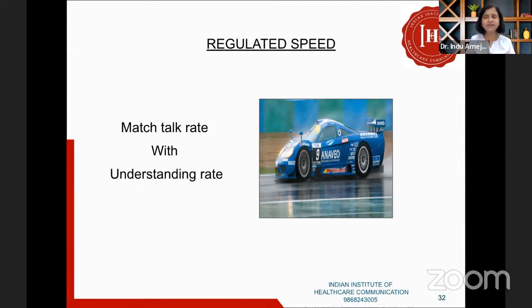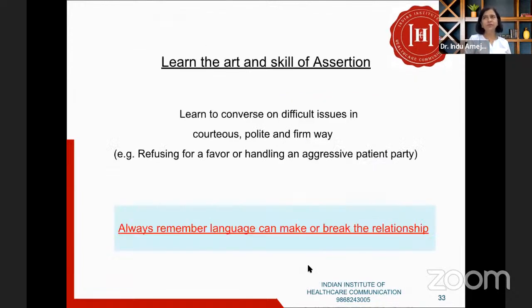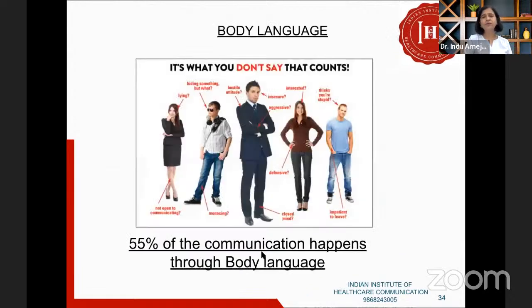But if the patient is not familiar with that terminology or vocabulary, they will not be able to understand. A lot of the time, our speed of talking is very different from the understanding speed of the patient. So we have to be really careful about the speed of talking. Please match your speed of talking with the understanding speed of the patient. Otherwise, there will be a mismatch.